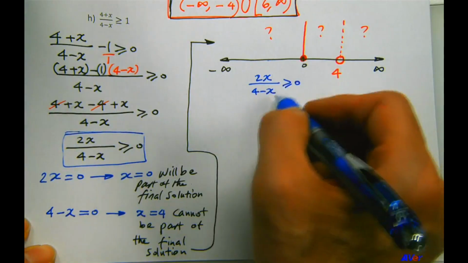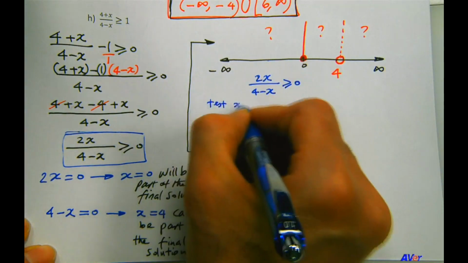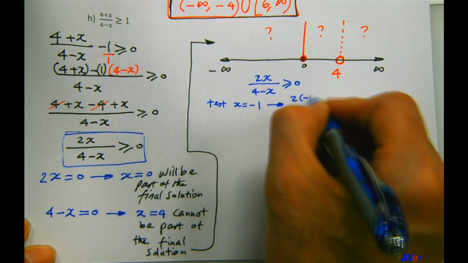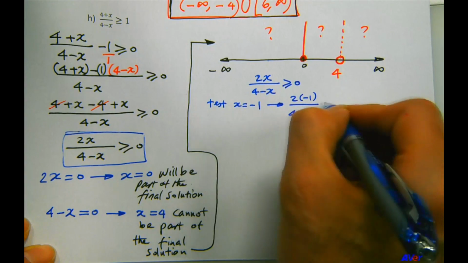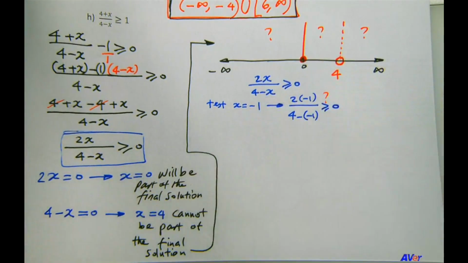denominator. Okay, so an easy number to test would be x equals -1. Plug it in there. 2 times -1 divided by 4 minus -1. And we're asking, is the left side greater than or equal to 0?